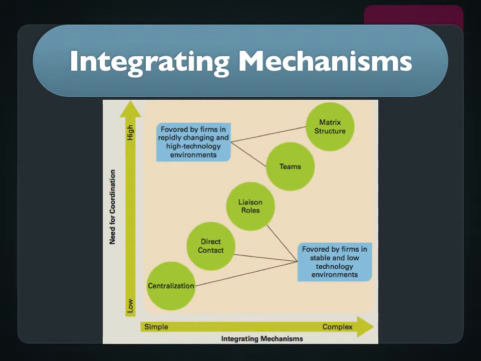Generally, and we'll talk about these different organizational structures in a bit, matrix structures and teams tend to be in highly dynamic, highly complex, high-tech firms with a tight need for coordination, whereas lower complexity requires less coordination, and so you're going to have these other lower integrating mechanisms.